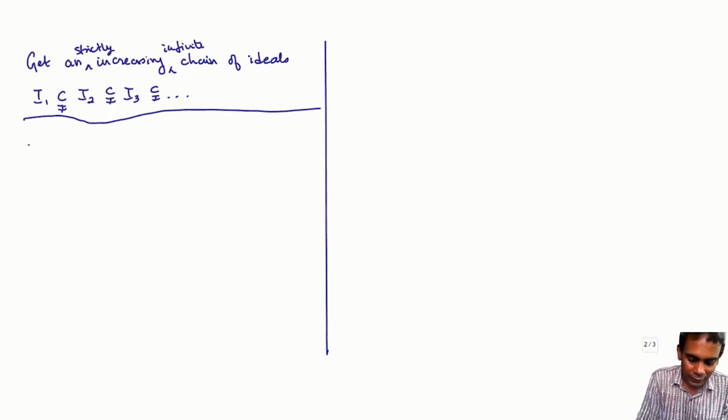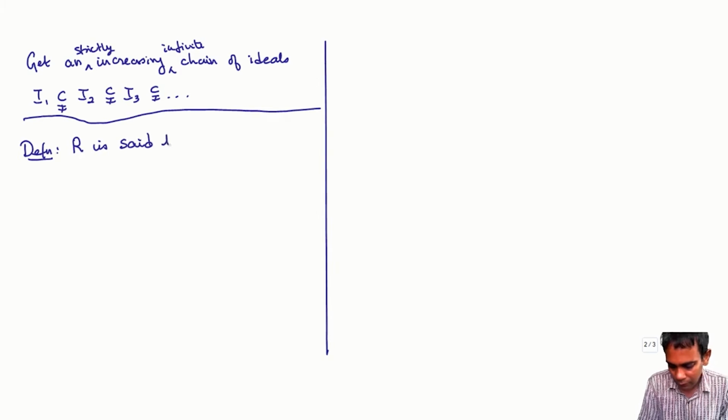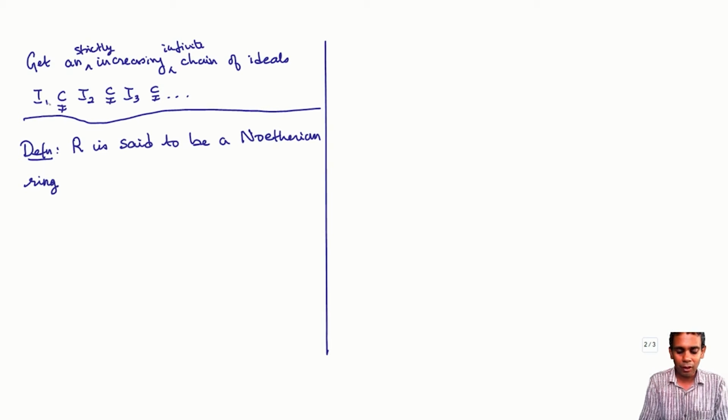And the ascending chain condition, now called the Noetherian condition in her honor: R is said to be a Noetherian ring if this kind of thing of having a strictly increasing infinite chain of ideals cannot happen.